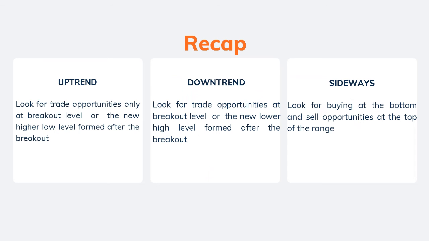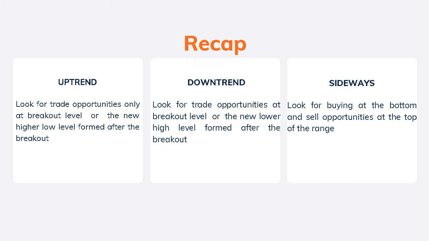Now, just to recap, in an uptrend, we'll look for trade opportunities only at the breakout level or the new high low level formed after the breakout is confirmed. In the downtrend, look for opportunities when the price retraces to the breakout level or the new lower high formed, which gets confirmed only after the breakout.